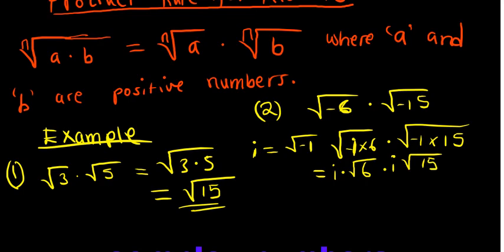And the next thing you're going to do, you're going to have i times i, you're going to have i squared, then here you're going to have the square root of 6 multiplied by 15. So here you are going to have -1, then inside 6 times 15 will give you 90.